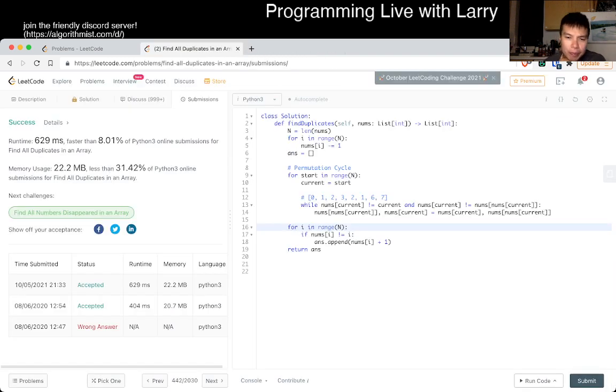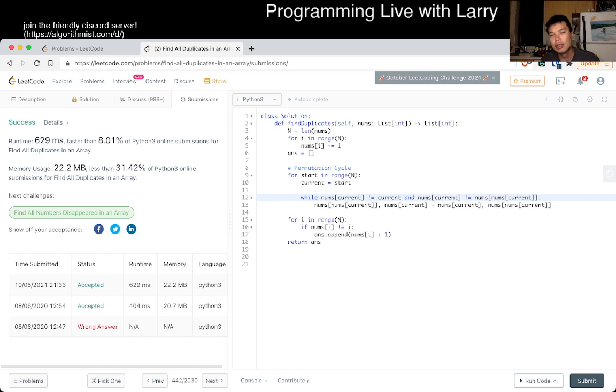But yeah, so the hard part is kind of thinking about how many operations this takes, right? How do you analyze the complexity?